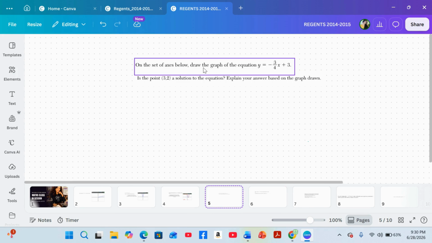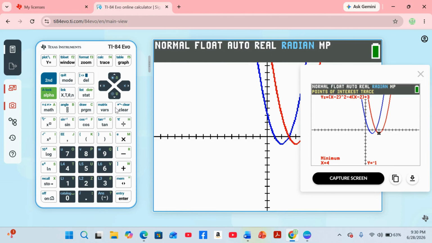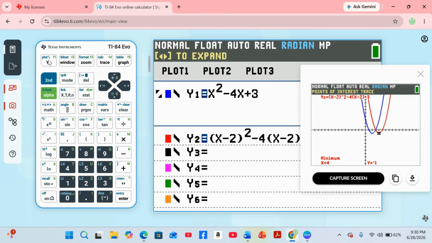Graph the straight line of the equation y equals negative 3/4 x plus 3. So we have negative 3/4 x plus 3. Negative 3/4 is a fraction.